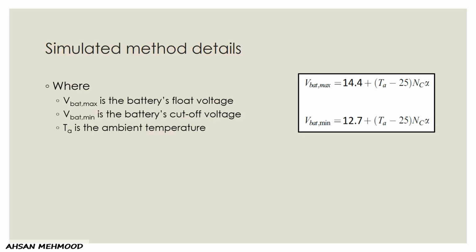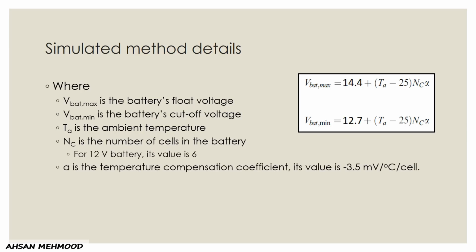TA is the ambient temperature, NC is the number of cells in the battery. For example, for a 12 volt battery, its value will be 6. Alpha is the temperature compensation coefficient and its value is minus 3.5 mV per degree centigrade per cell.